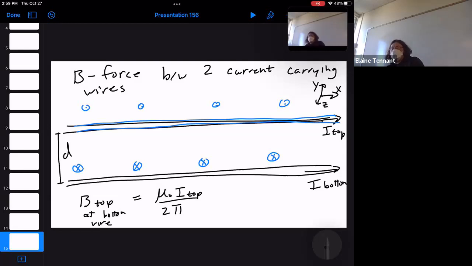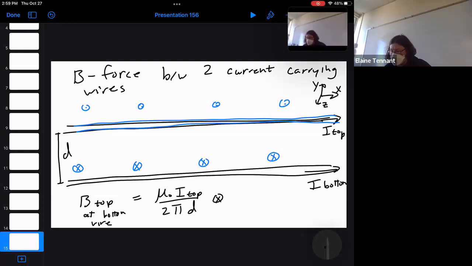I'm hoping you guys are going to tell me d, because that's the distance from the top wire to the bottom wire, right? So the bottom wire should be in a field of mu naught I top over 2 pi d. That's going into the page.